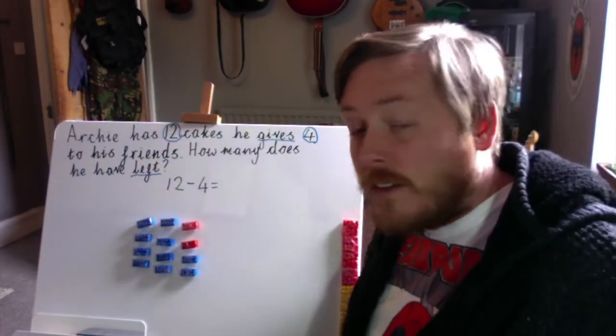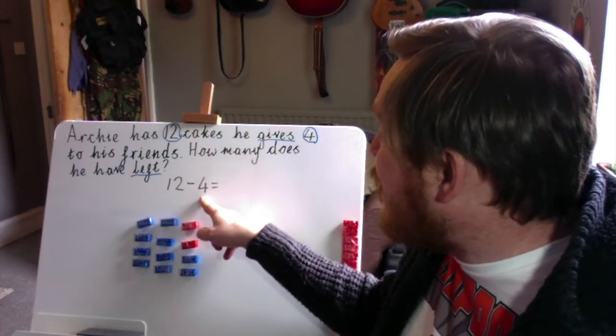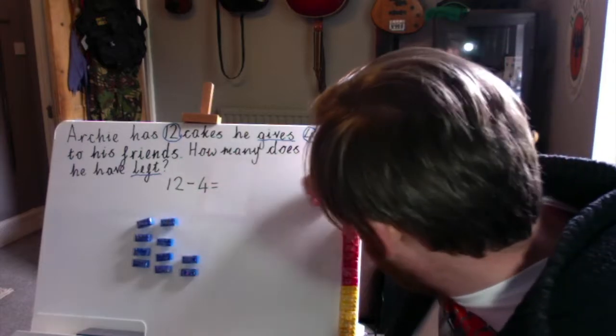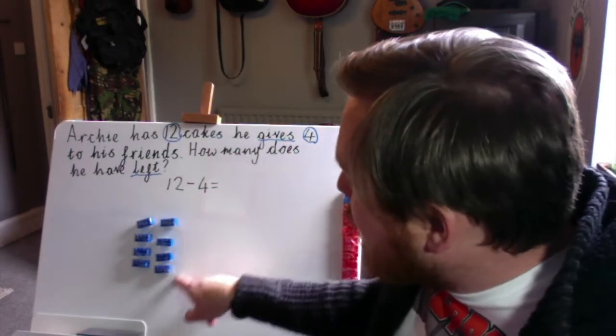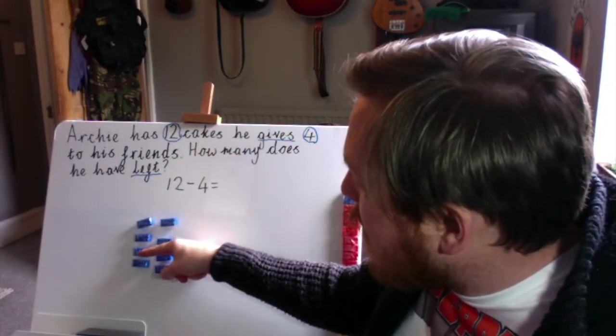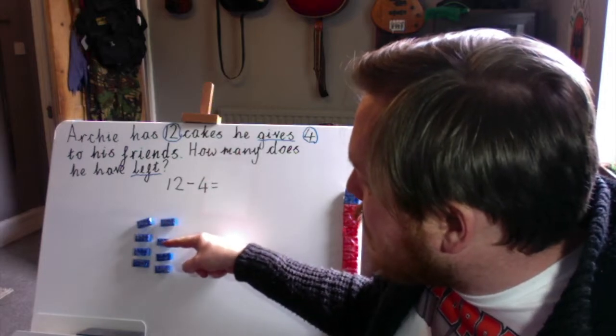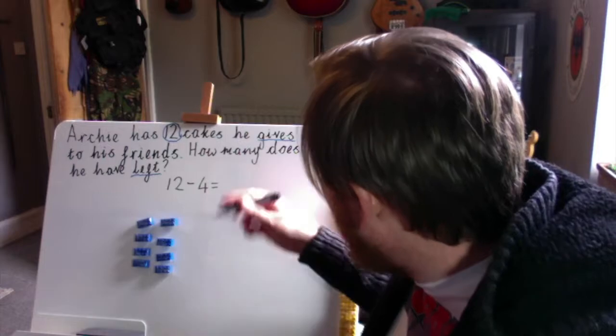I've got 12 objects, and I need to take away 4 because Archie gave away 4 cakes. So I'm going to go 1, 2, 3, 4. Then I've got my answer. That should be my number. 1, 2, 3, 4, 5, 6, 7, 8. My number is 8.